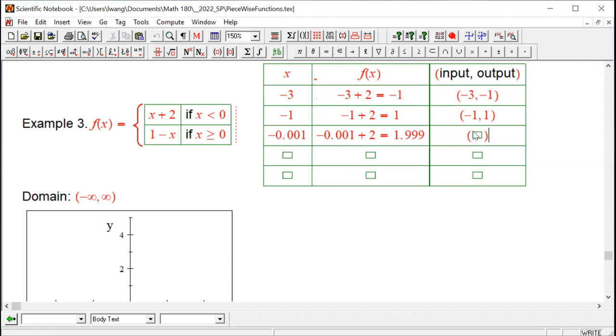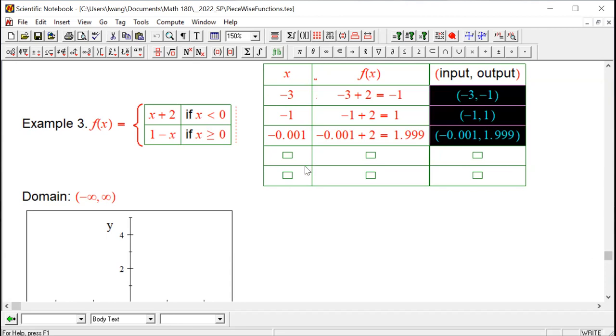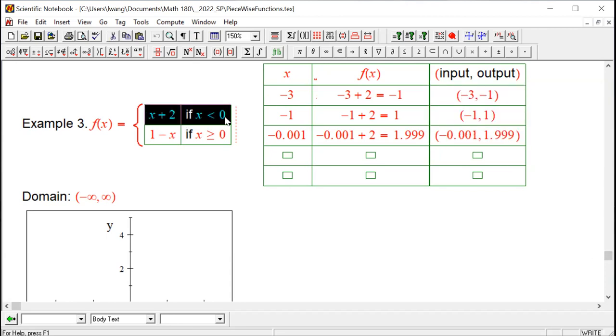So as a result, for input equals -0.001, the output is 1.999. These 3 points will be sufficient to plot the first rule, because this is just a straight line. So we're going to put these 3 points in place.